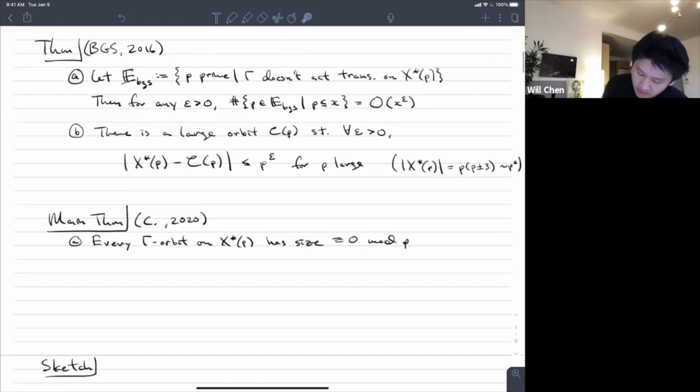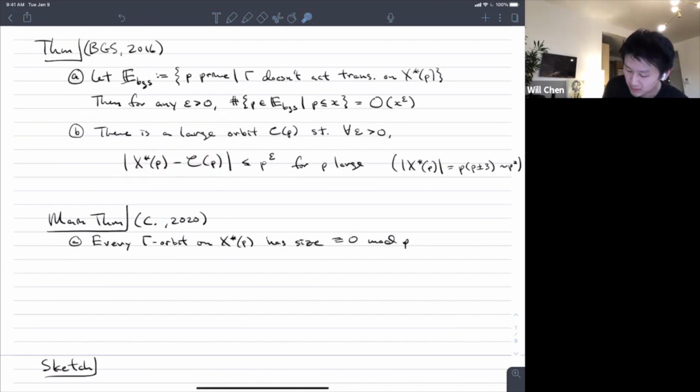If you combine this with their part B, which says that if their conjecture were true, then C of P is the whole thing. And what part B says is that, unconditionally, if you took some other orbit other than this large orbit, which conjecturally doesn't exist, then that orbit must be small, with size at most P to the epsilon for any positive epsilon.